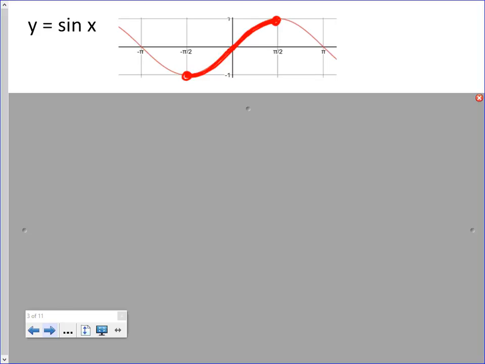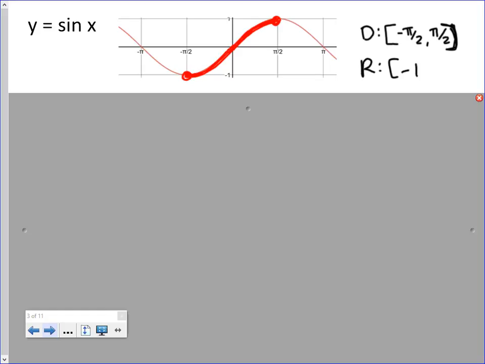Now, the domain of this section that I have highlighted here starts at negative pi over 2 and goes to pi over 2. Should have bracket there. The range of that section of the function is our lowest value for sine, negative 1, to our highest value, which is positive 1.